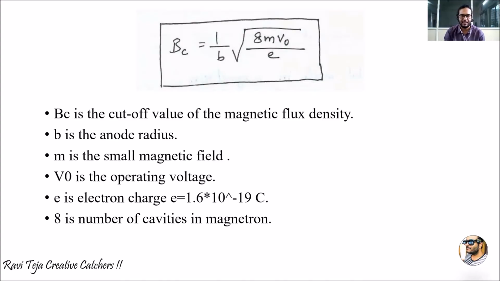As we have already seen in the previous sessions, the cavities used in a magnetron range from 8 to 20, right? So here, as we are going for an 8 cavity magnetron, the number of cavities is 8, so we mention it here.